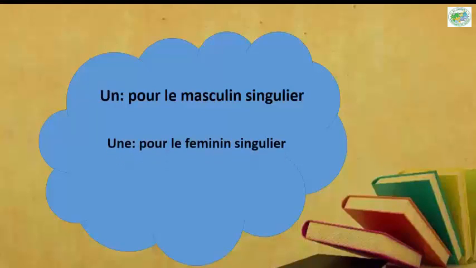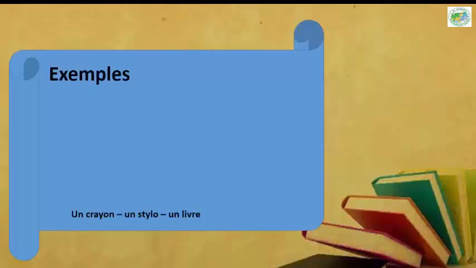Prenons des exemples pour le masculin singulier un et pour le féminin singulier une et pour le pluriel des. You need to take some examples. Crayon, stylo, livre. They are three masculine nouns, masculin, singulier. That's why we put un for it. Un crayon, un stylo, un livre.